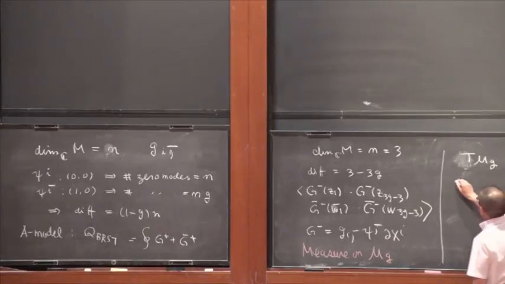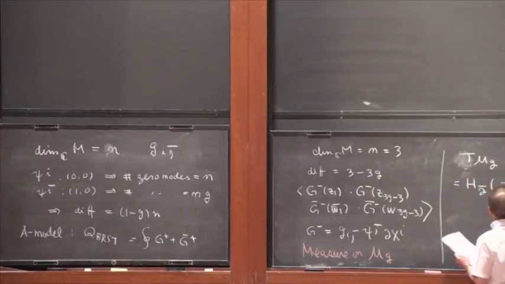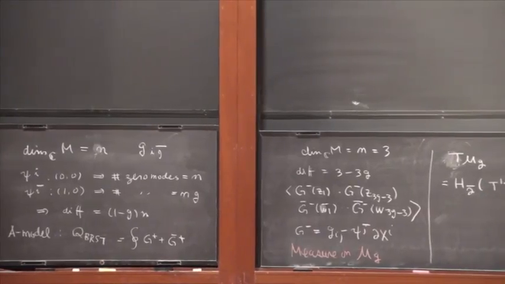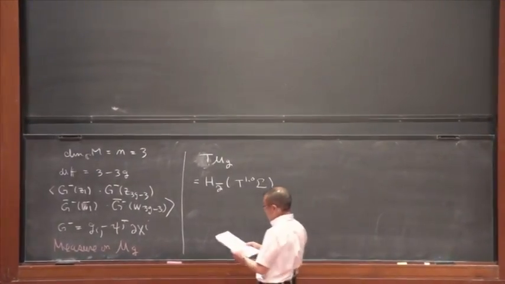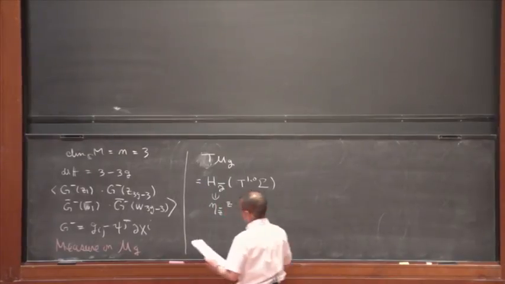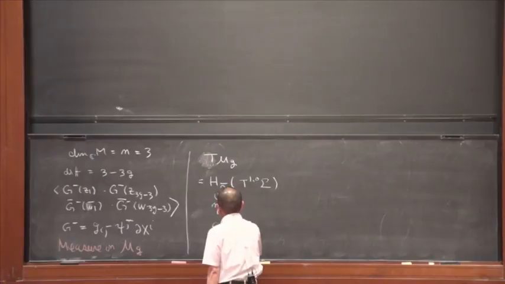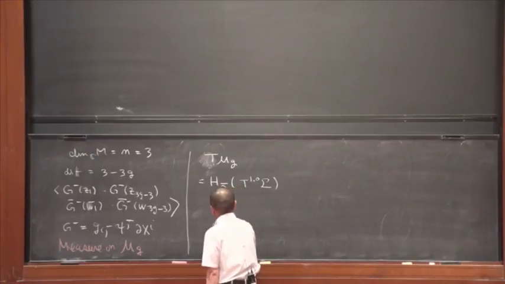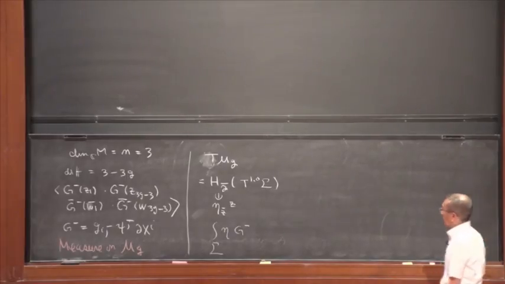And just like we discussed in the case of Calabi-Yau yesterday, this is the same as the space of 0, 1 form with value in holomorphic component of the tangent space, whose element is a Beltrami differential. Okay? So if you have something like that, then you can integrate this with G minus. Okay? And then you get some kind of number out of it.